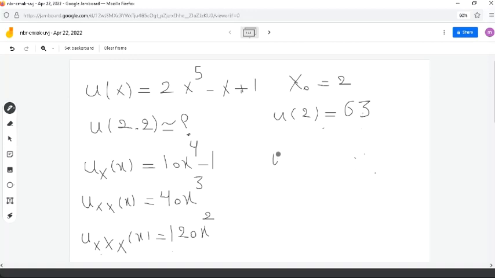And u_x of 2 is equal to 2 power 4 is 16 times 10 minus 1. 2 power 4 first, and then multiply 10, and the result is 159.